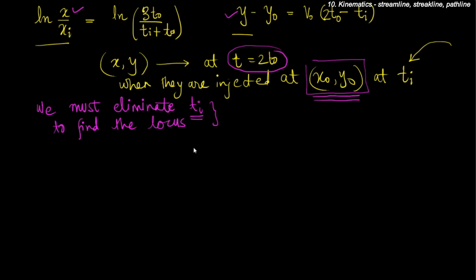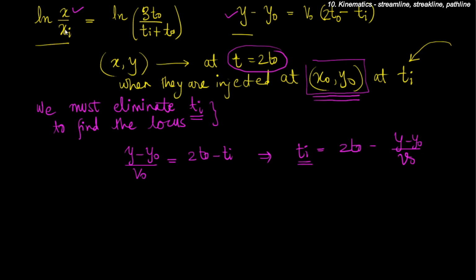It's simple. y minus y naught upon v naught is equal to 2 t naught minus ti. This implies ti is equal to 2 t naught minus y minus y naught upon v naught. Now we can substitute this value of ti into this equation. This means x upon xi. So if I take an exponential of both the sides, the natural log vanishes.